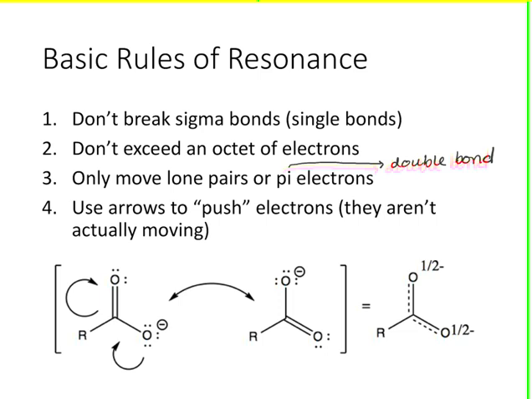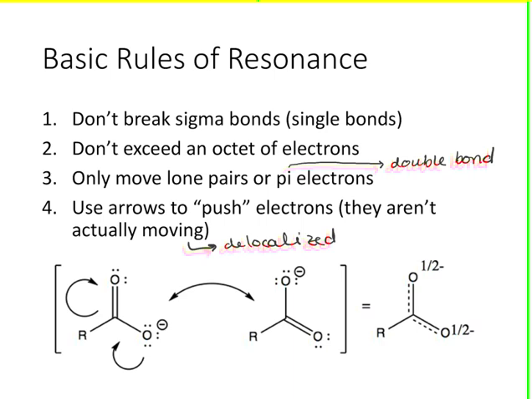Now, in actuality, the electrons aren't moving, they're actually delocalized. But when we're drawing the resonance structures, we're a little limited with the Lewis structure rules. So we can't really show that they're delocalized until we draw our hybrid structure.